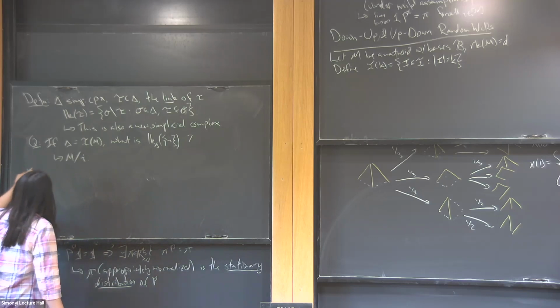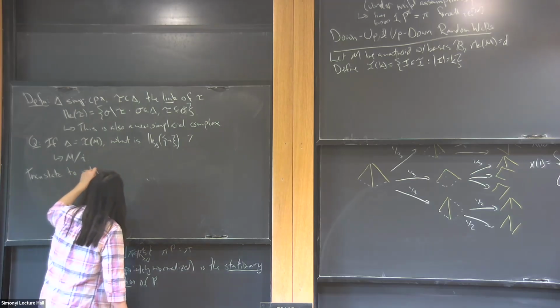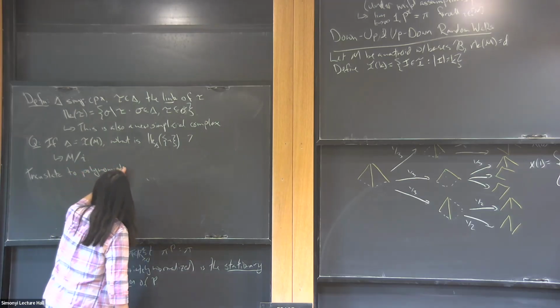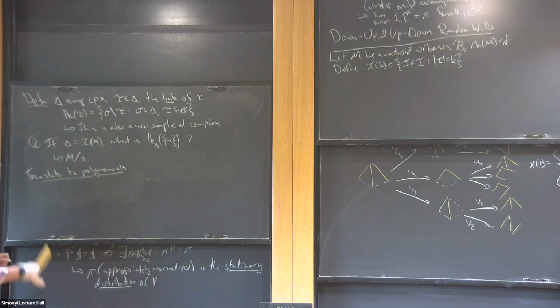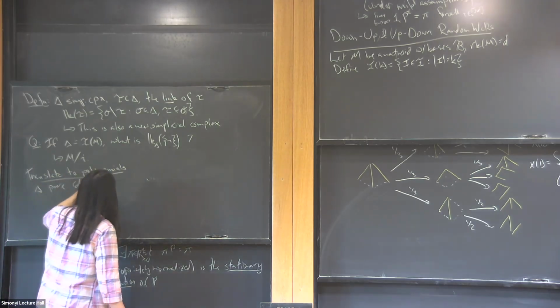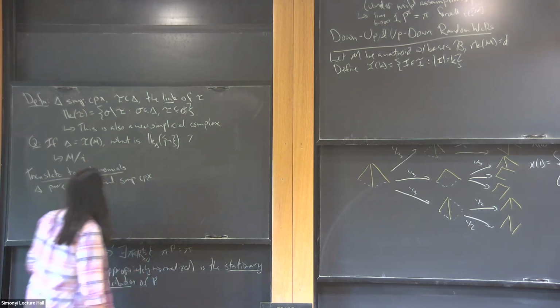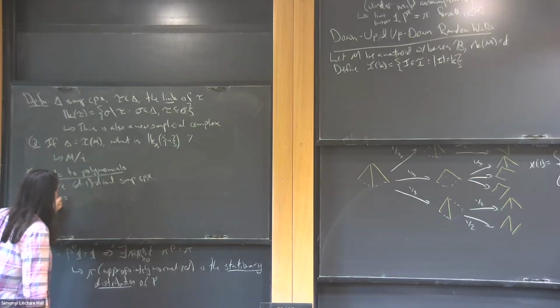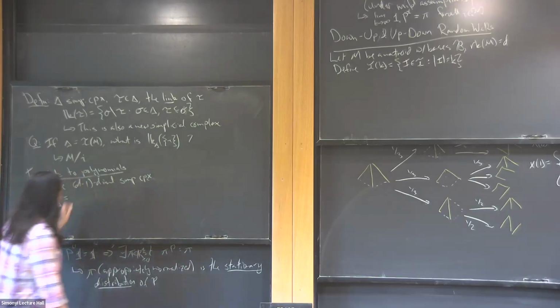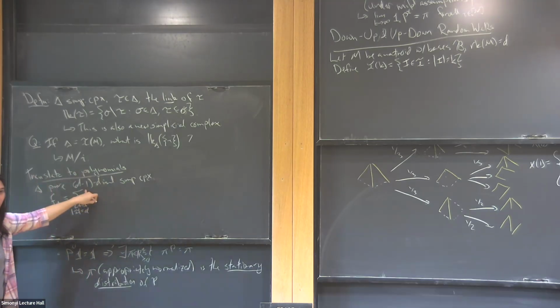So we can translate this to polynomials. If we have delta, a pure d minus 1 dimensional simplicial complex, we can just write down the generating polynomial of its maximal simplices: sum over tau in delta with the size of tau equal to d, because things with d elements are d minus 1 dimensional.